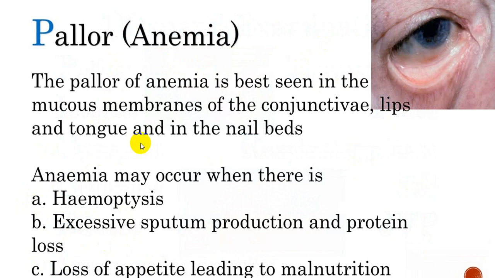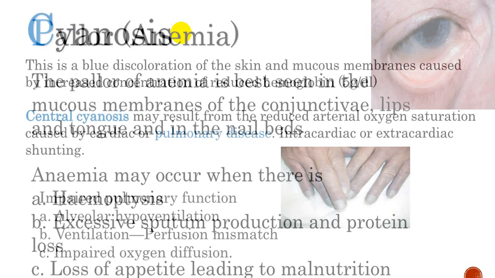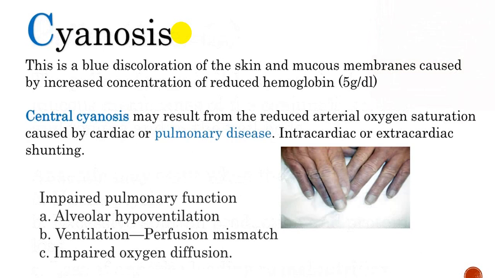Regarding pallor, as far as the respiratory system is concerned, pallor may be one of the findings because of chronic hemoptysis, or because of malignancy, poor nutrition, etc. Cyanosis will be a very common finding in COPD, chronic bronchitis, status asthmaticus.